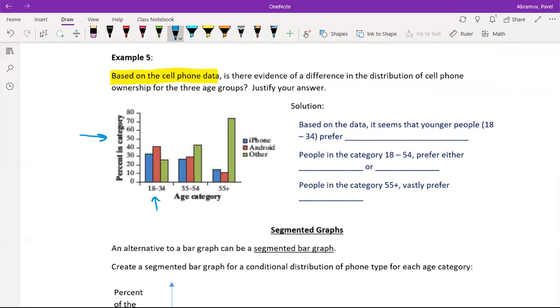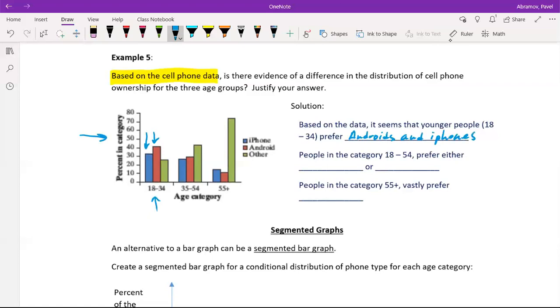So let's look at each of the age groups. If we're looking at 18 to 34, based on this data, it seems that the younger people prefer, we can say Androids, but we notice that the Androids and the iPhones are very close together and they're both similar high-tech phones. So we can say that they prefer Androids and iPhones.